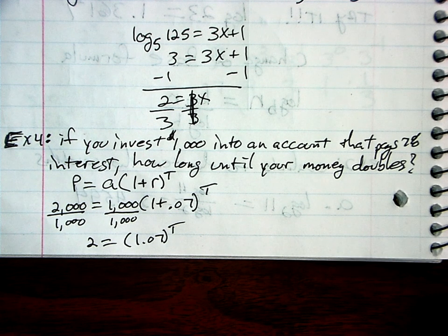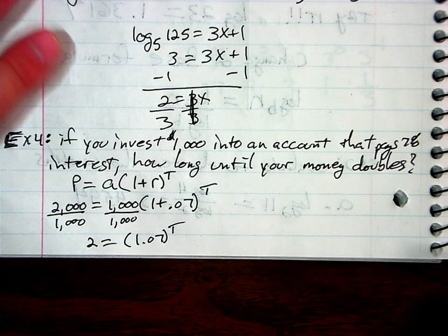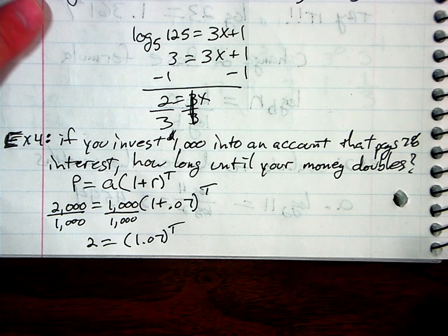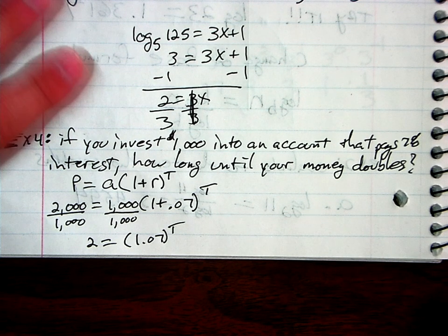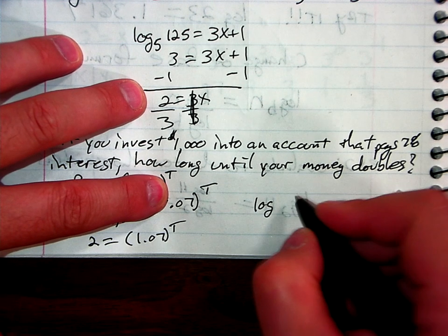So what do I have to do to the 1.07 now? No, well, I did, but what's our next step? What's the title of the lesson? So we need to write it as a common log. So I'm going to do log 1.07.